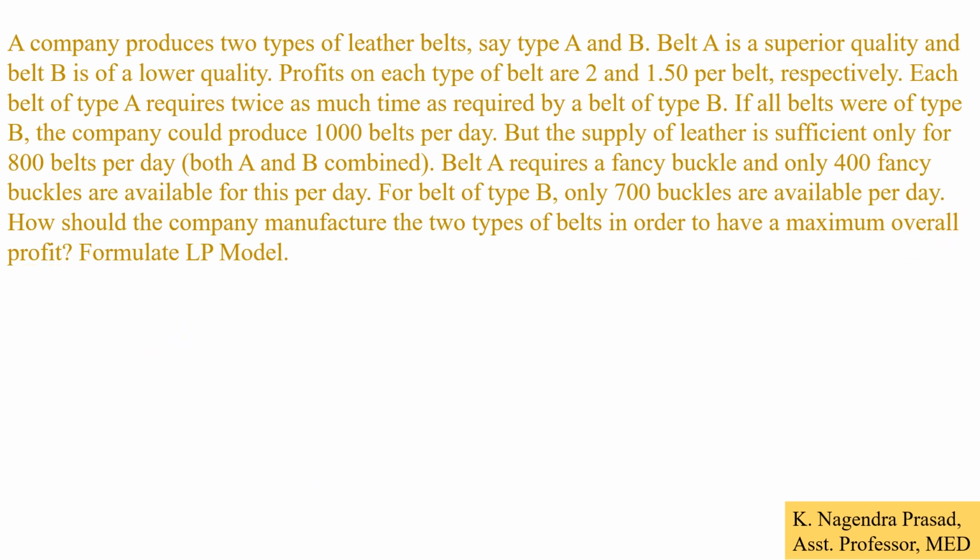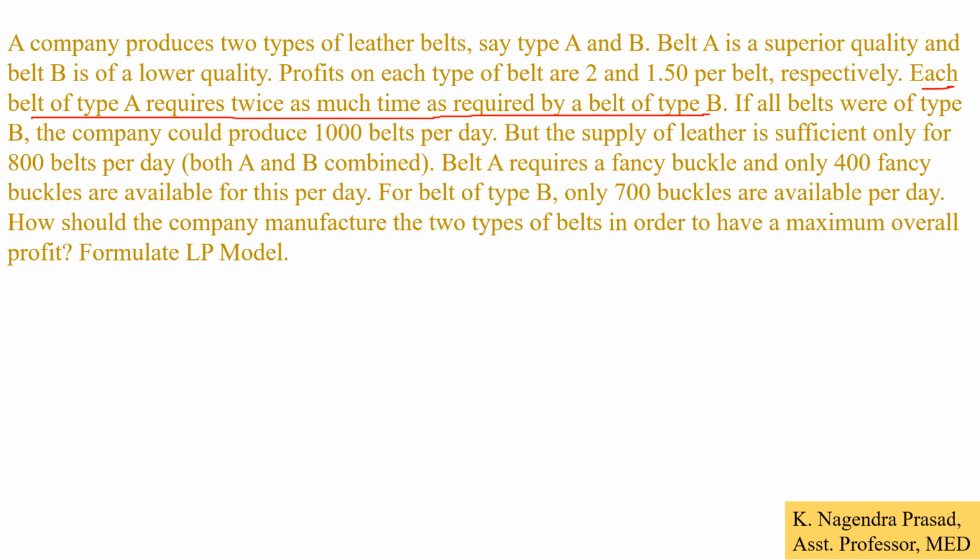Next we have to find the constraints. For this, study the data and note down all the points. It is given that each belt of type A requires twice as much time as required by a belt of type B, which means, for example, if product B production time is 10 minutes, then product A production time is 20 minutes.